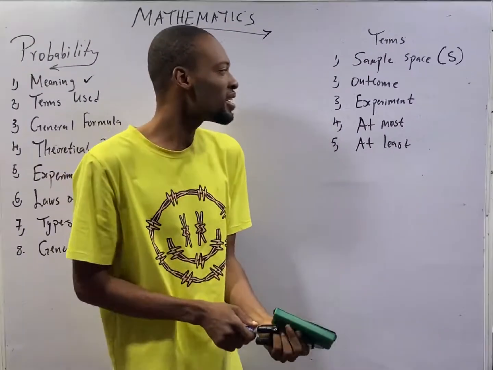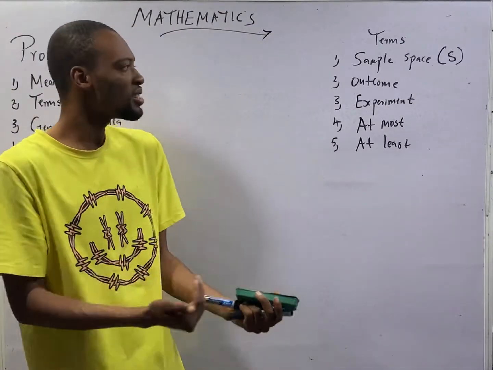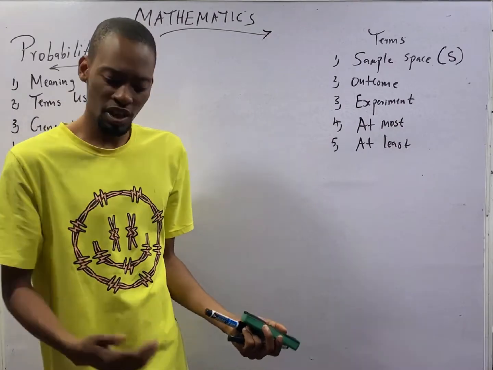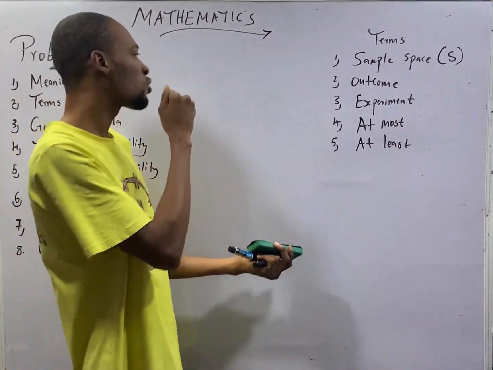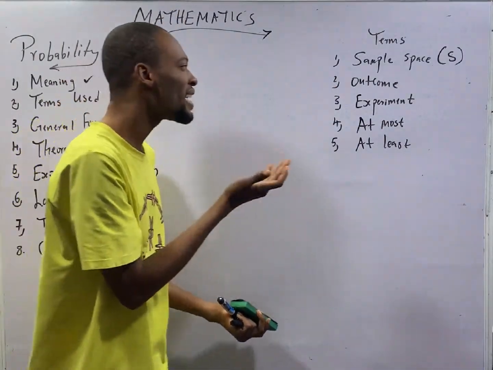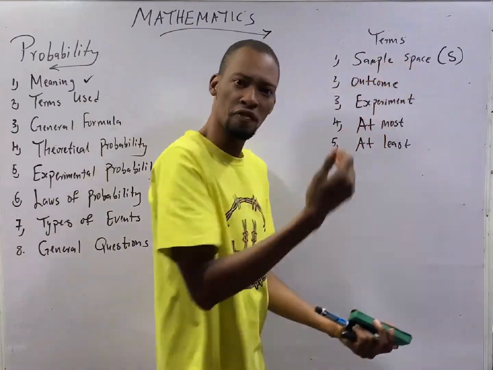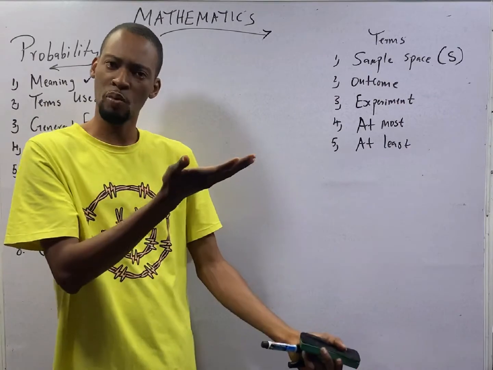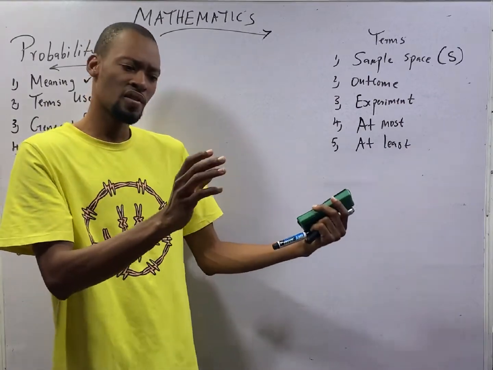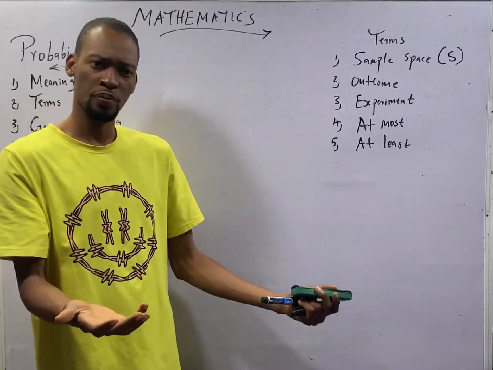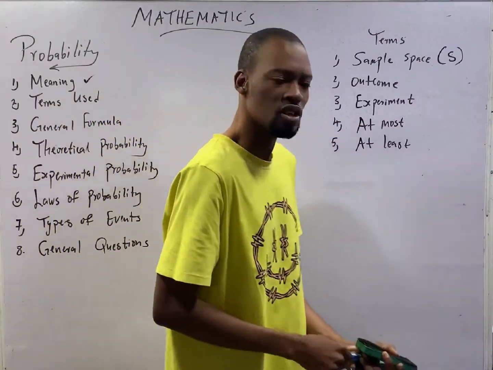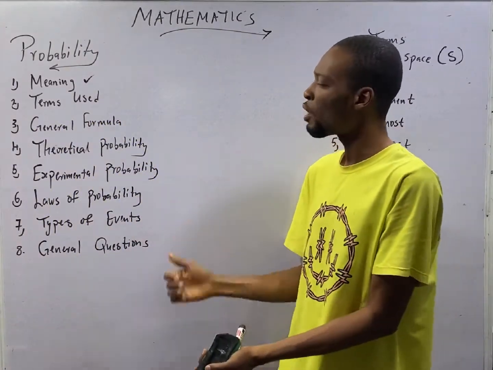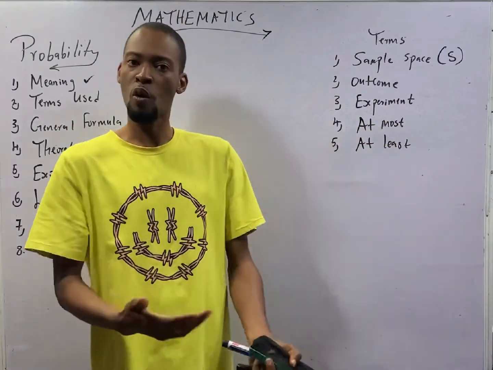So experiment simply refers to a trial. It is the process of getting an outcome in probability. If I don't throw 2 coins, I won't get the outcome. If I don't throw a die, I won't know the side facing up. If I don't go to a class to count the number of boys or the number of girls, I won't even know the outcome or what to expect.